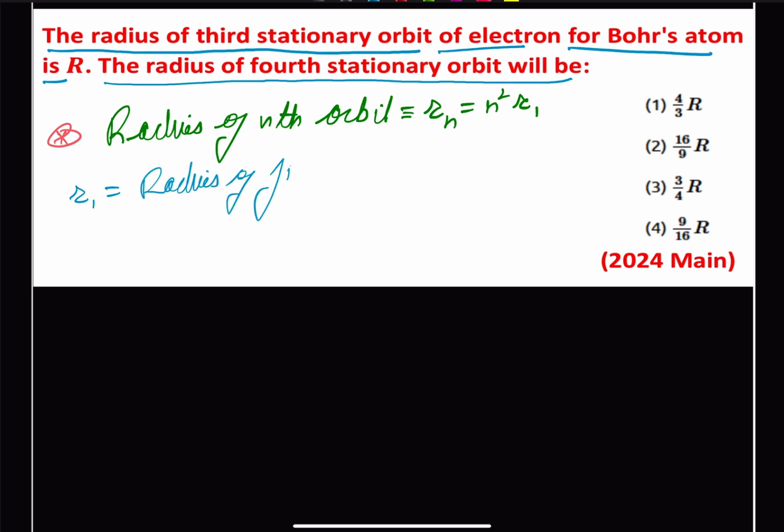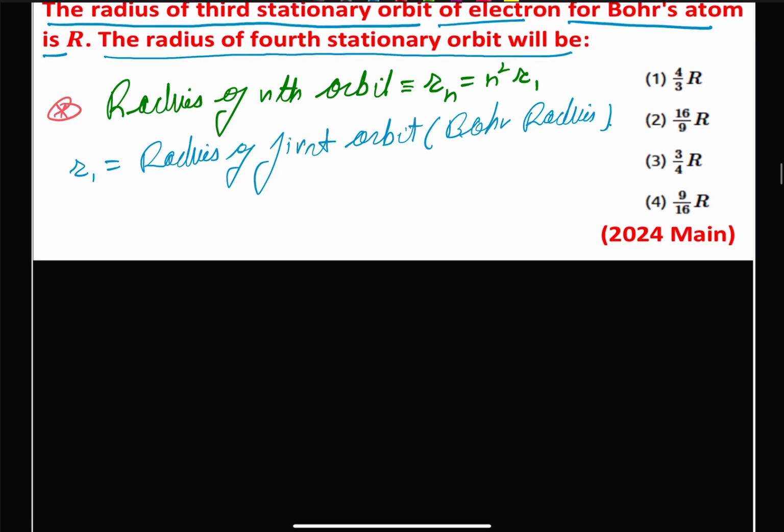Radius of first orbit, or we can also call it Bohr radius, and here n is the principal quantum number.